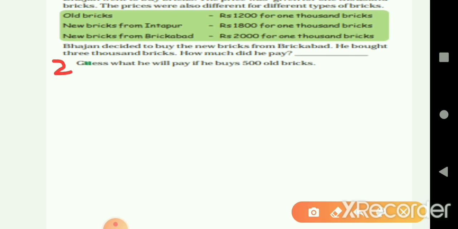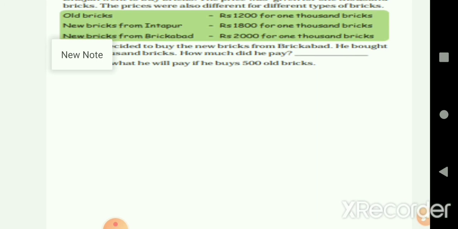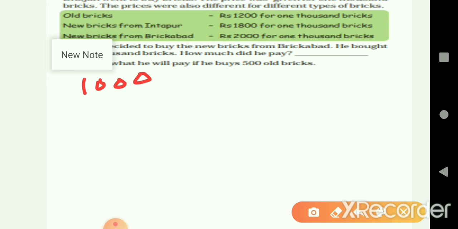Now my second question is, guess what he will pay if he buys 500 old bricks. The cost of old bricks is 1000 bricks equal to 1200 rupees.